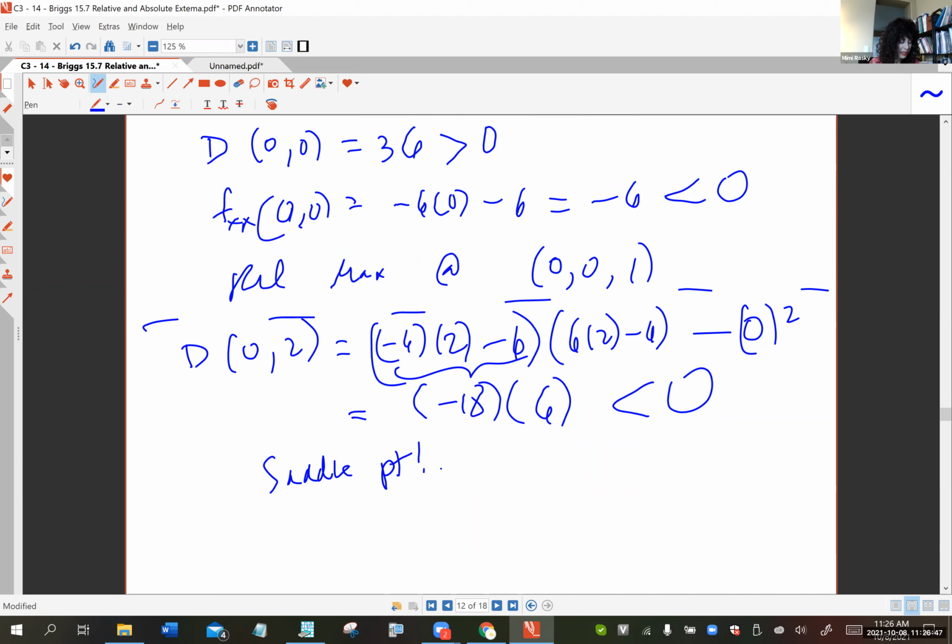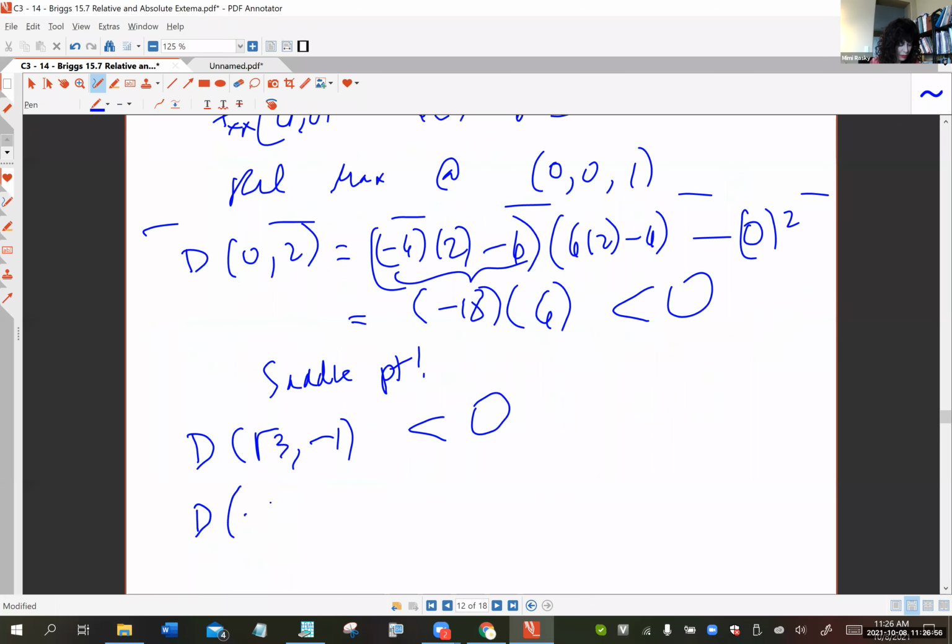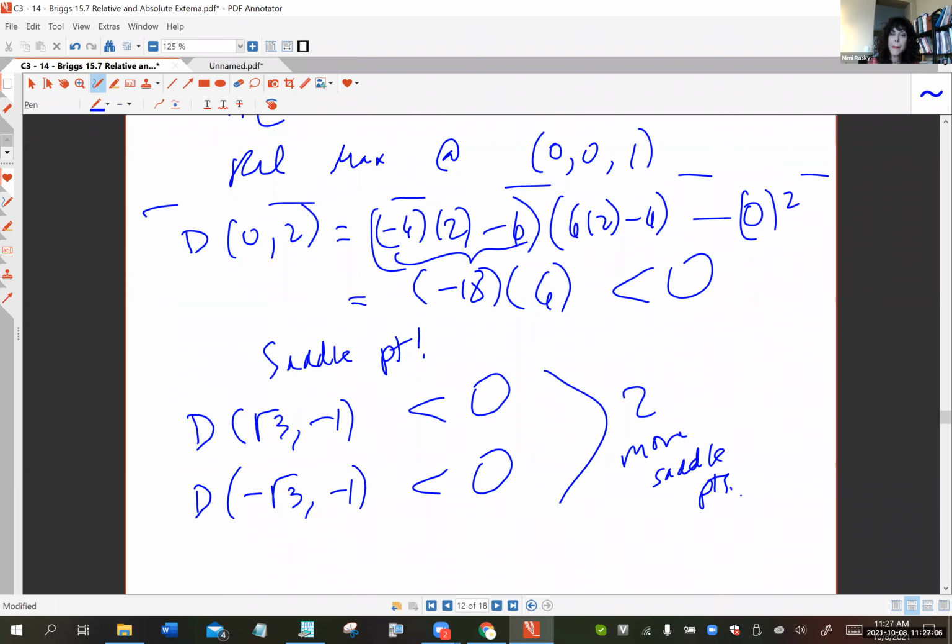And it turns out that the other points also give you a negative D for both of those other saddle points. You can check me out if you don't believe me. So you're going to have 2 more saddle points. Can you have 3 saddle points total? Sure. Why not?